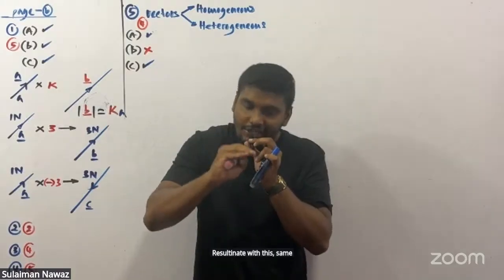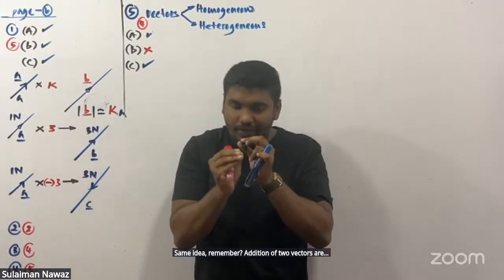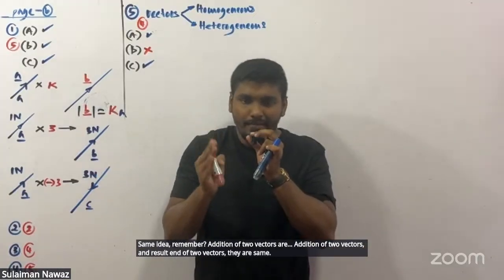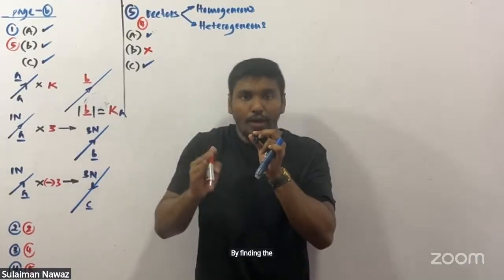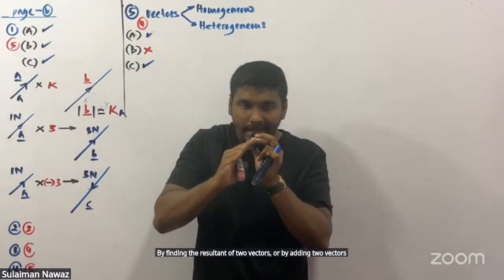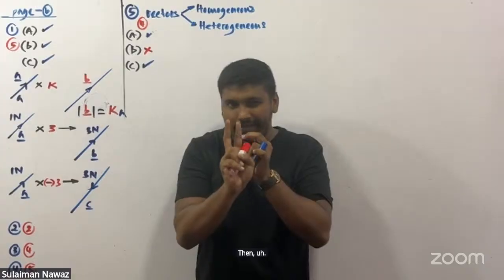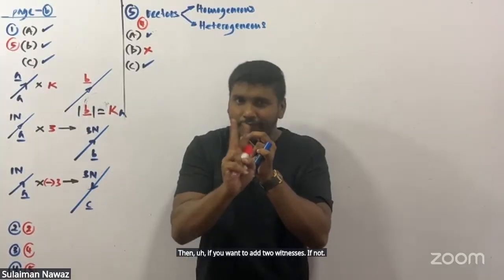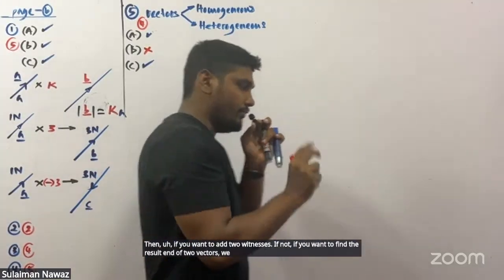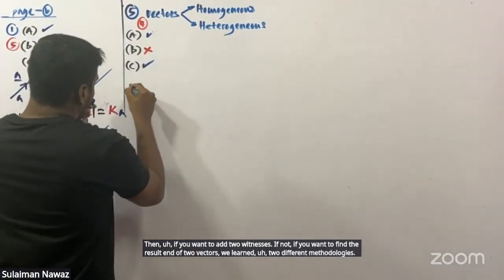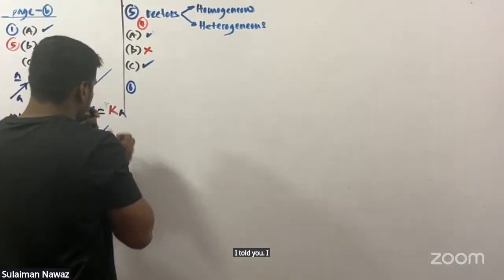By finding the resultant of two vectors or by adding two vectors, the idea is the same. If you want to add two vectors or find the resultant, we learned two different methodologies. I told you about revising.